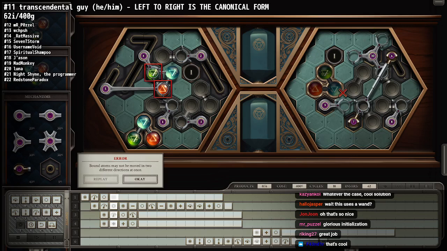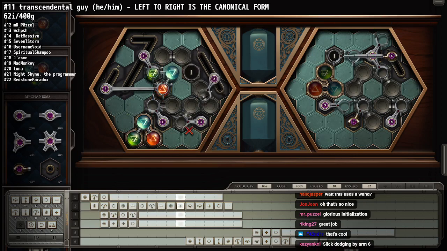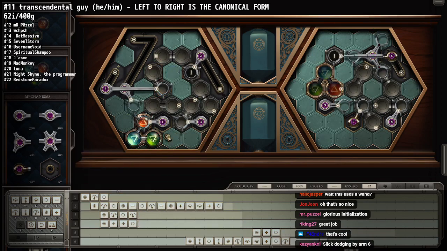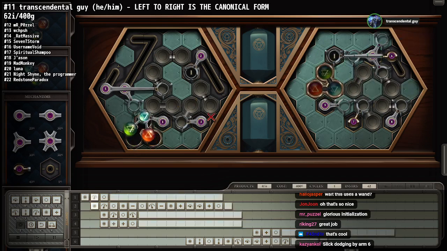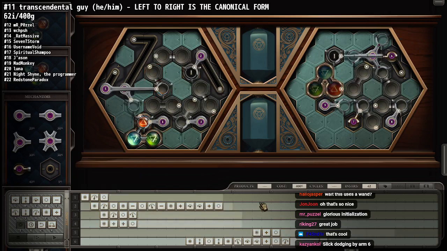Oh. What happened? Does it actually not work for all test cases? Oh no. Oh wait. Uh-oh. The timing of Arm 5 isn't correct. I don't know why.